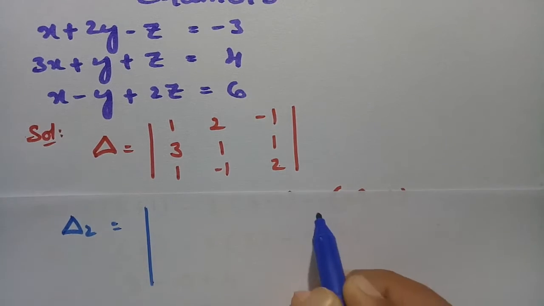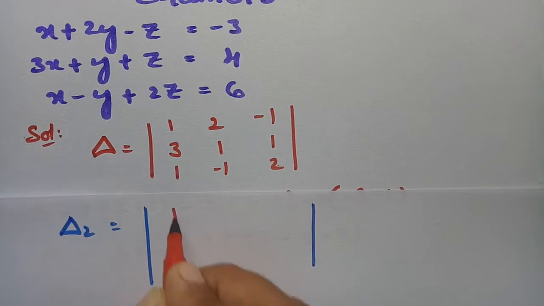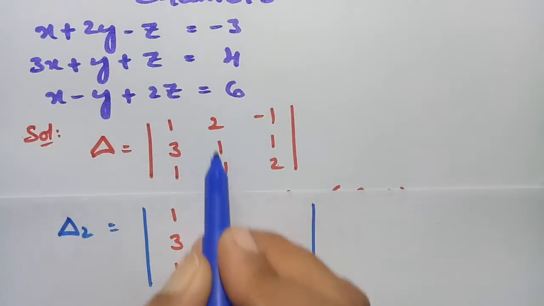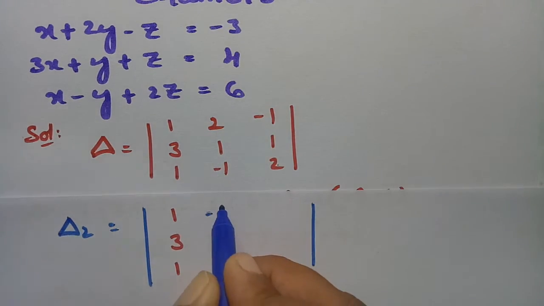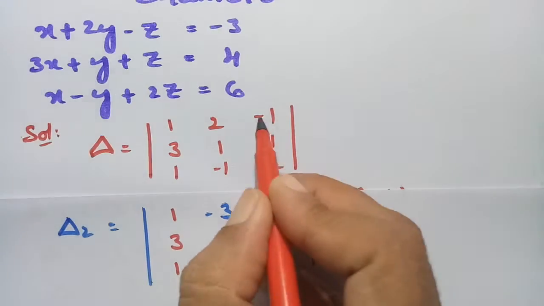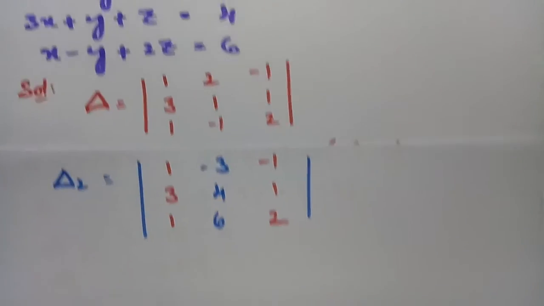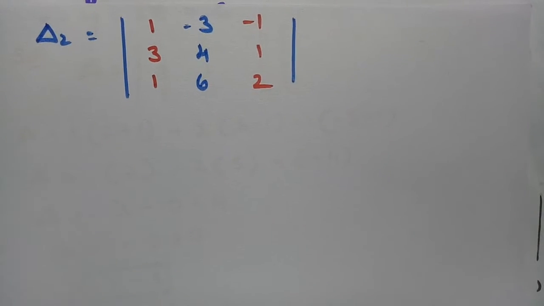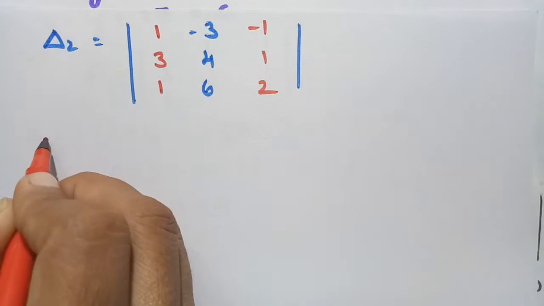The first column from delta I copy as it is, from the given equations: 1, 3, 1. The second column, instead of this, I write minus 3, 4, 6, the constants on the right side. And the next column is minus 1, 1, 2. After framing delta 2, again I have to find the determinant for this.